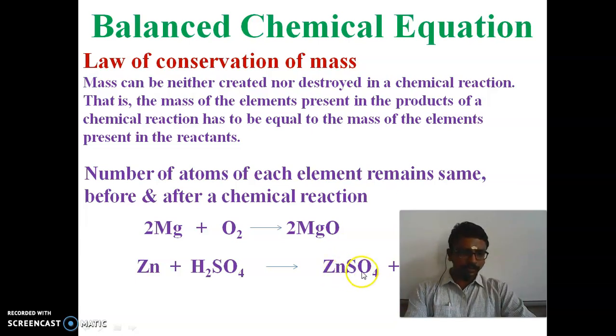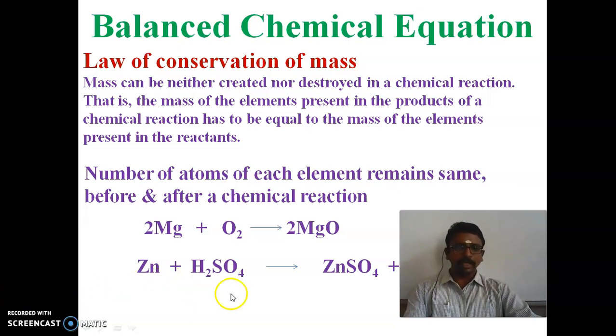What is ZnSO4, children? Zn means zinc. SO4 means sulfate. So what is the name of ZnSO4? Zinc sulfate. Zinc sulfate plus H2, hydrogen gas.